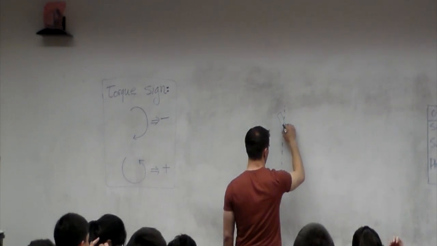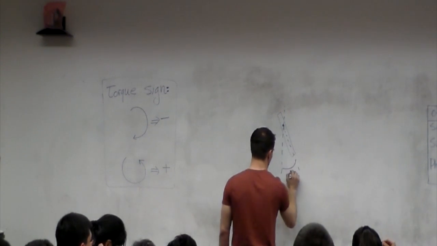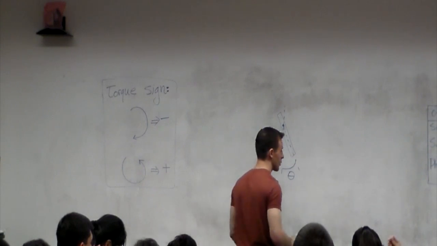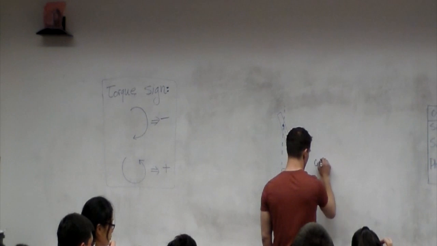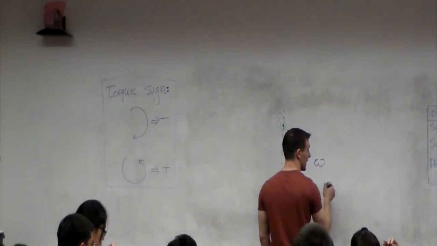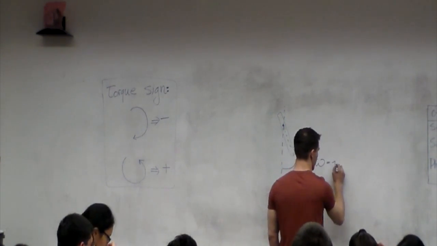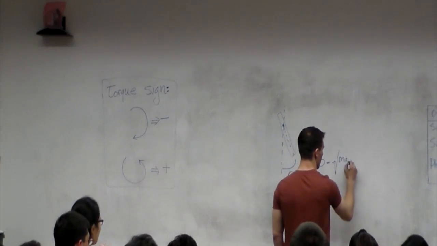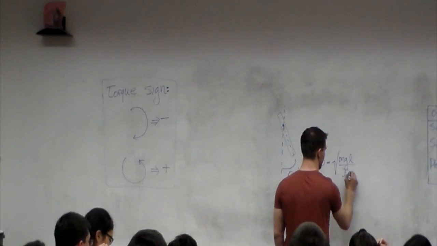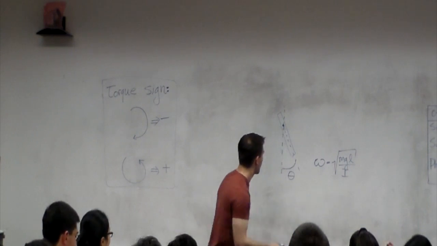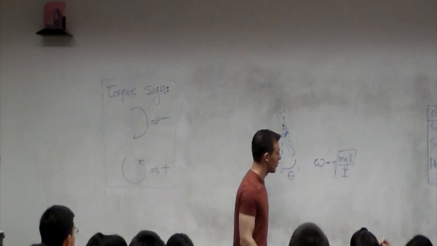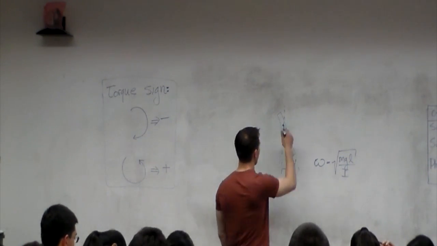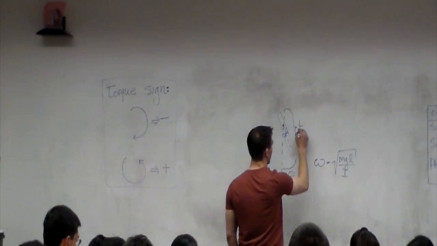We define this to be our angle. As long as the angle is small, which it was in that problem, the angular frequency is the square root of mgl over I. In that case, the center of mass, because it was a uniform rod, was right in the middle. And so L was the length of the rod, which if this whole thing is big L.